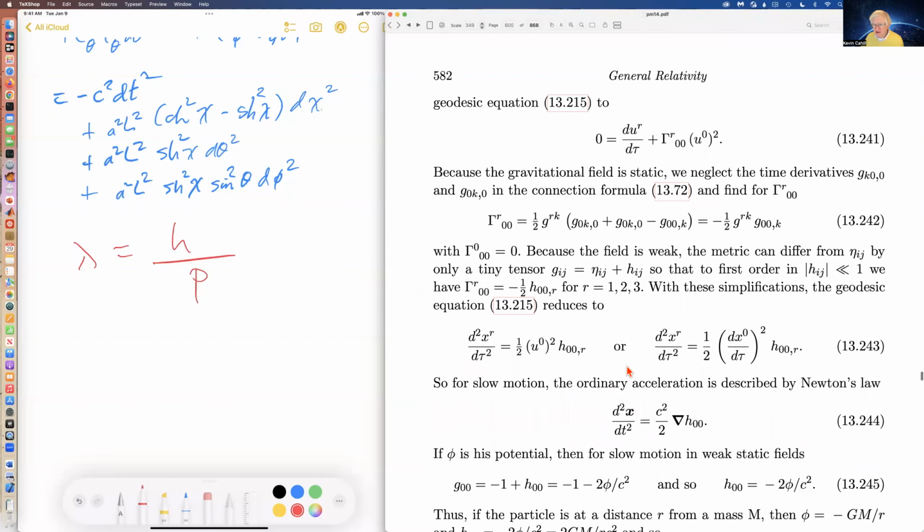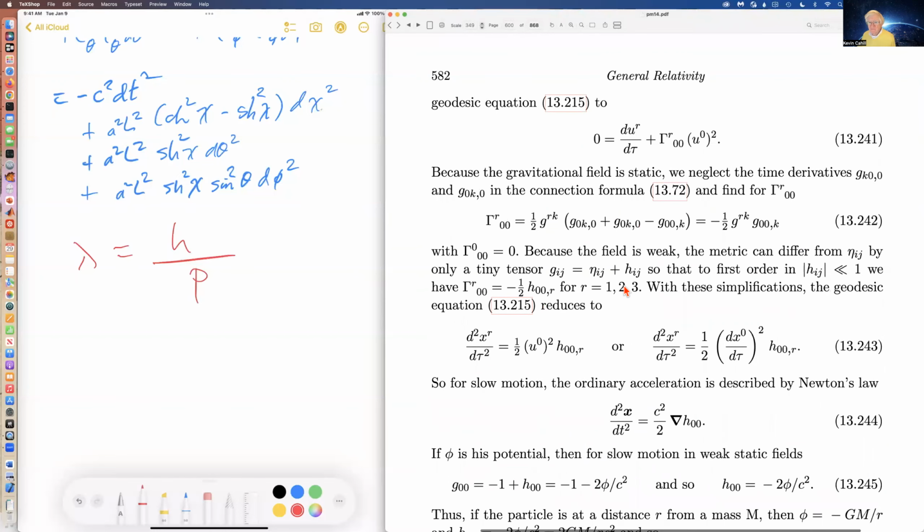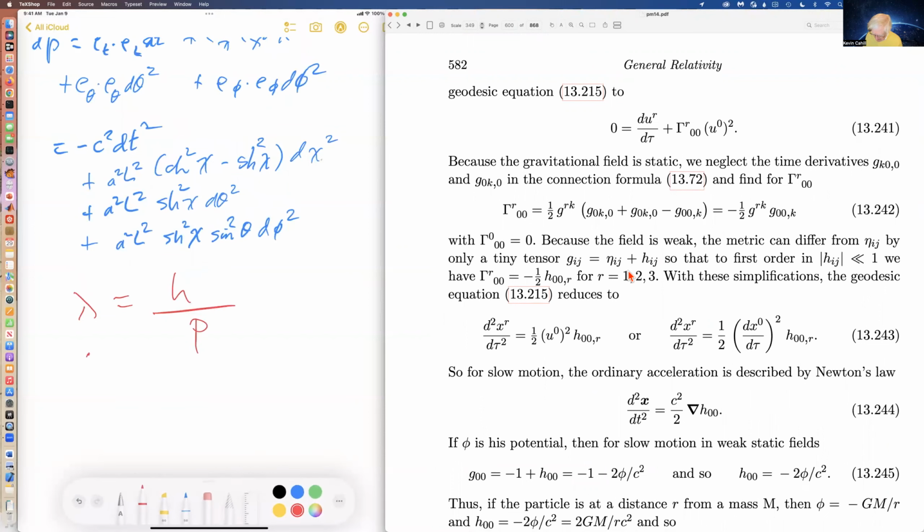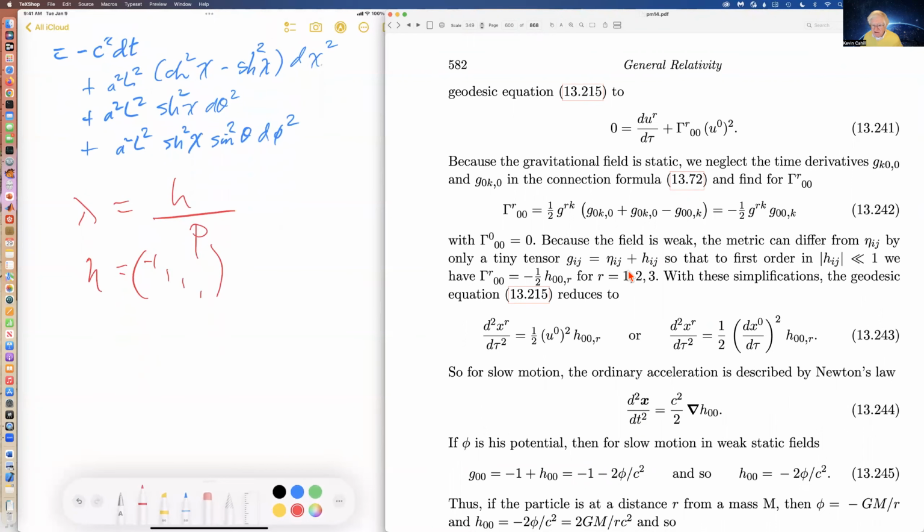And then because the field is weak, basically g_ij is going to be eta_ij, which is just the metric of special relativity. Eta is -1, 1, 1, 1. That's the metric of special relativity. And then h is just a tiny change in the metric.